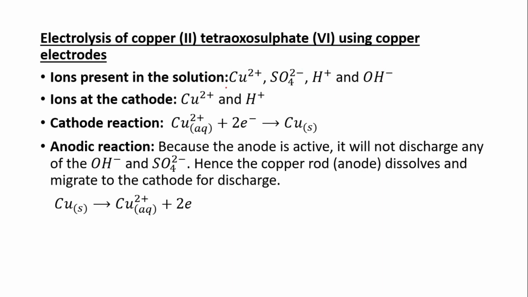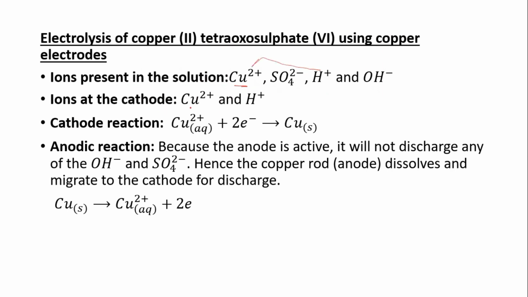All right. So of course, you first ask the question, what are the ions present in this copper sulfate solution? You're going to be having copper 2 plus, SO4 2 minus, H plus, and OH minus. And cations will migrate to the cathode, and anions will migrate to the anode.